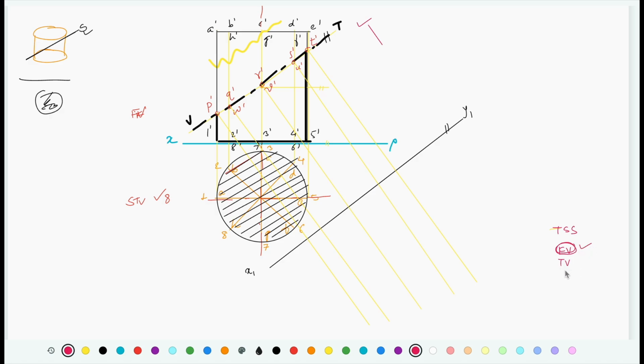Now we are going to use the top view. Now how we are going to use that top view? Let's say I'm going to locate the point P. That part somehow I missed. So this intersection point has to be represented in top view also.